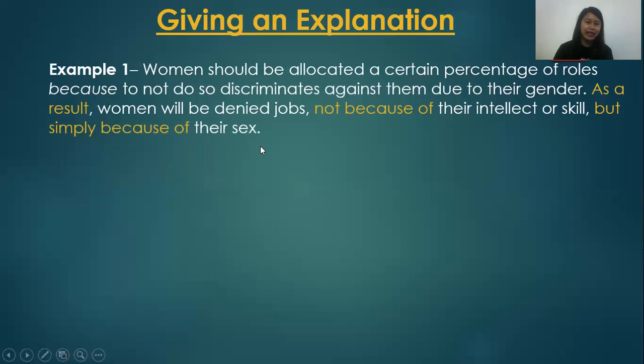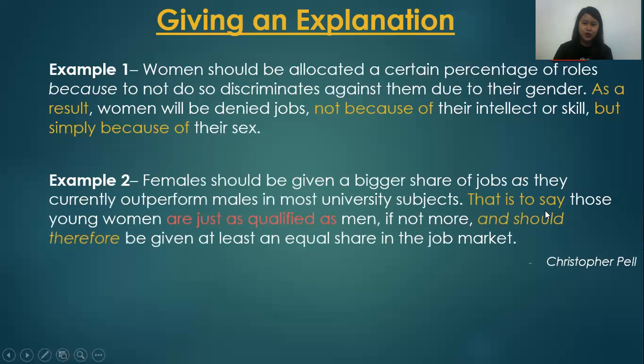For the second main idea, our explanation goes like this. That is to say, those young women are just as qualified as men, if not more, and should therefore be given at least an equal share in the job market. So this explanation here explains our main idea.